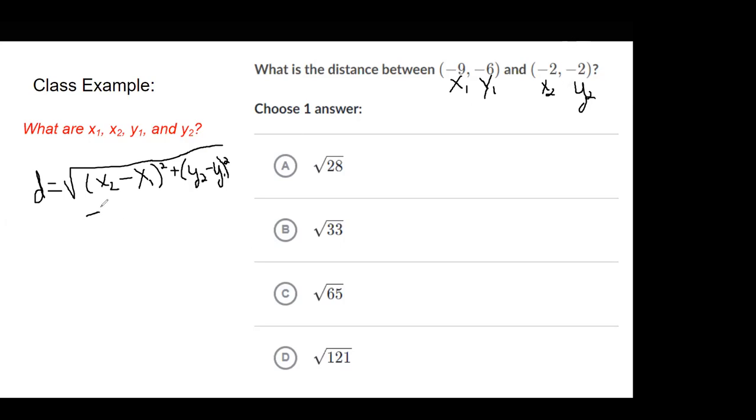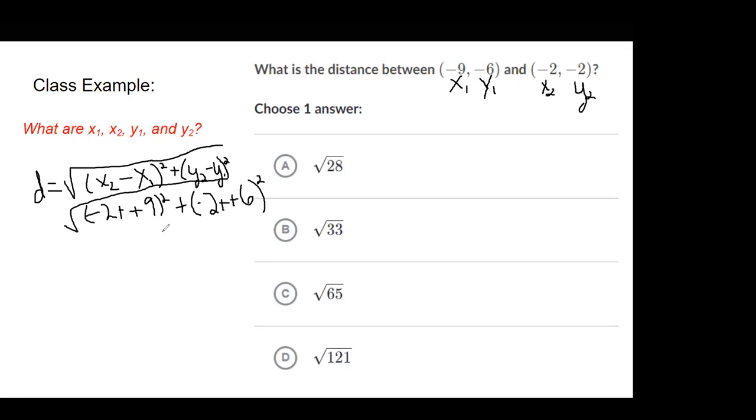So I'm going to plug in -2 minus a -9, squared. This is all underneath the square root. Plus y2 is a -2, y1 is a -6. Okay, what happens to these minus negatives? Yeah, good, they add. Same goes here.